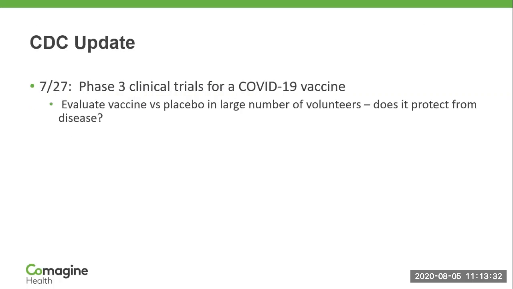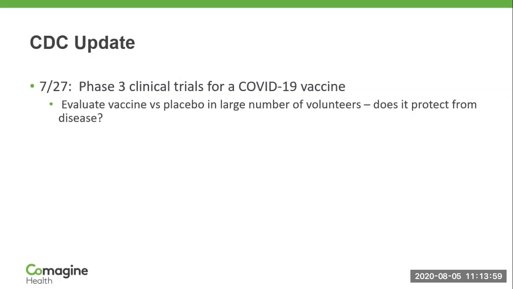So the CDC update, some pretty big news this last week was that there's a phase 3 clinical trial for a COVID-19 vaccine in the United States. So it's still a ways off, but this is progress. The first two phases looked at safety, so making sure it is safe to this point, and whether it can launch any kind of an immune response.